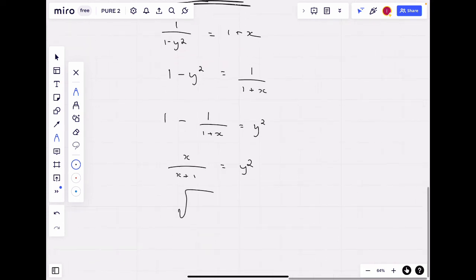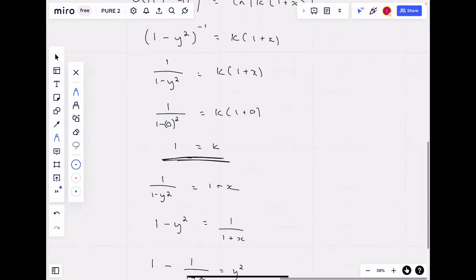And now you root. There you go. That is your answer.